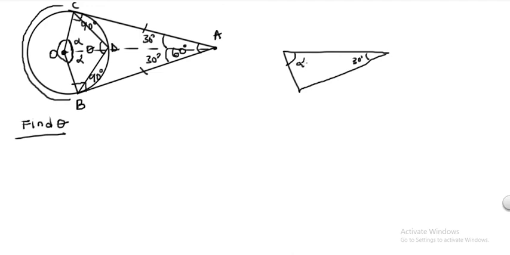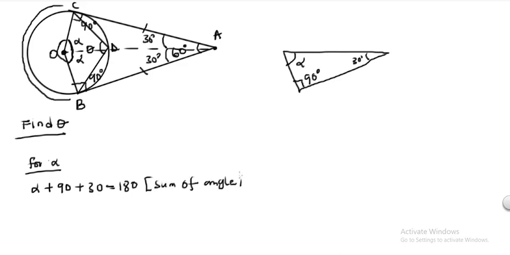So let's call this alpha, and then the angle we know here to be 90 degrees. For alpha, this simply means that we add everything inside the triangle: alpha plus 90 plus 30 is equal to 180 degrees. The reason for this is the sum of angles in a triangle.